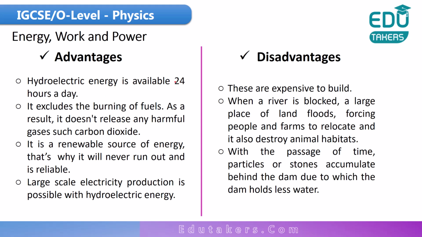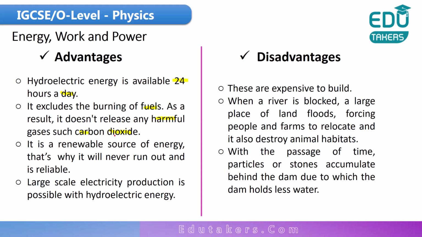Hydroelectric energy is available 24 hours a day, and this energy basically does not release the harmful gases that are very harmful for the environment, because here is no burning of the fuels. Here we use the water. That's why it's also the advantage of this energy. This excludes the burning of the fuels. As a result, it does not release any harmful gases such as the carbon dioxide.